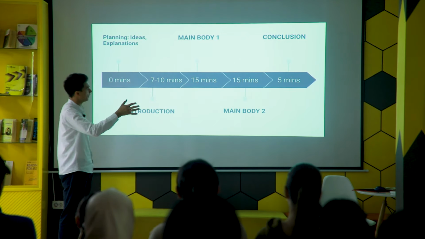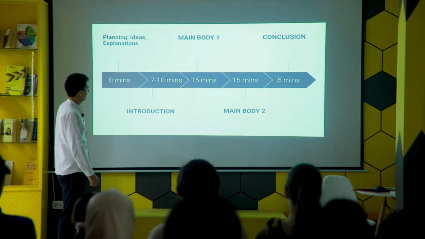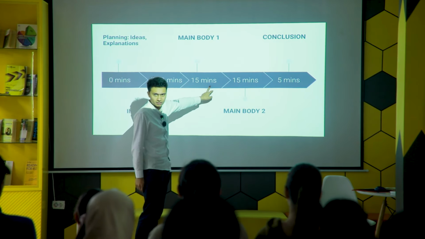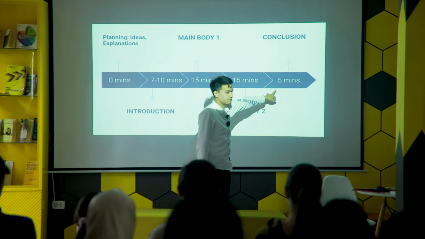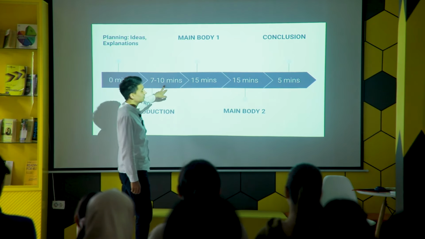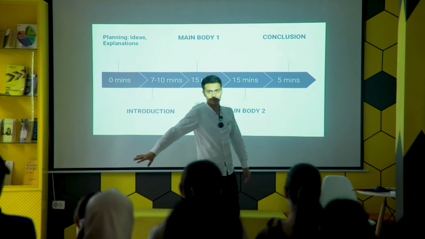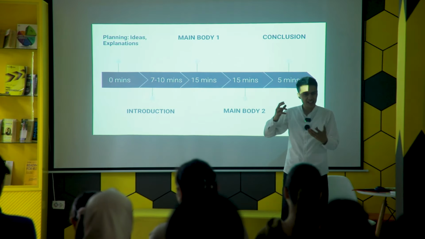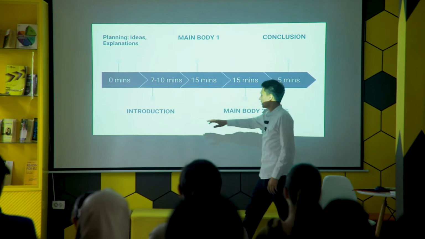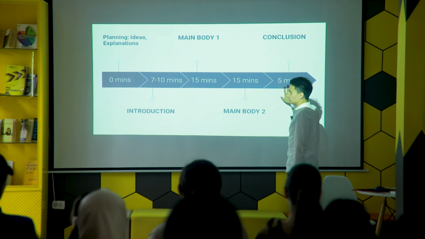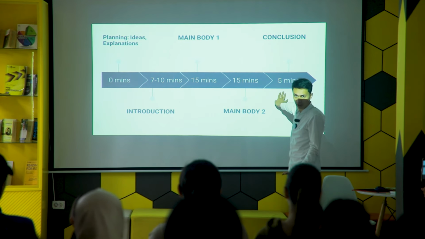If you do the math here, 15 plus 15 is 30 minutes. Then we got 35, with another 10 minutes, they're already losing 5 minutes from their task 1. So the timing is a problem. We need to write our introductions and our conclusions faster and quicker.